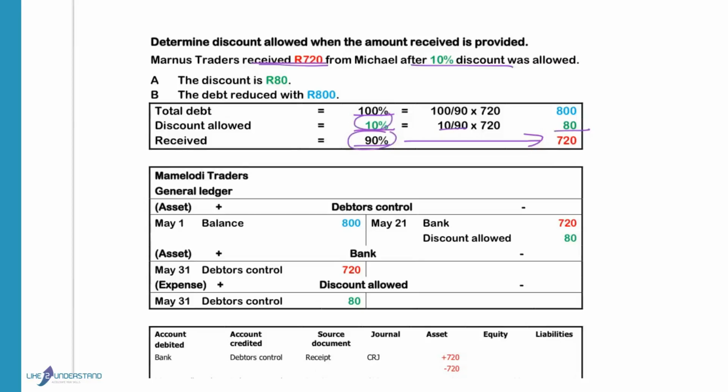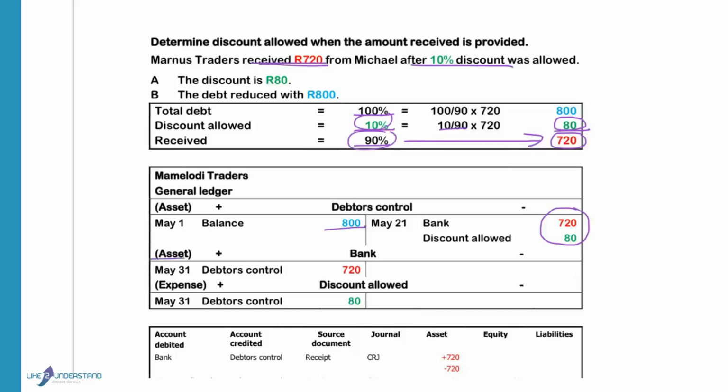So the debt will reduce with the 720 paid plus the R80 discount, and we will reduce the debt with R800. His balance is 800. We reduce the debtors with a total amount of 800.